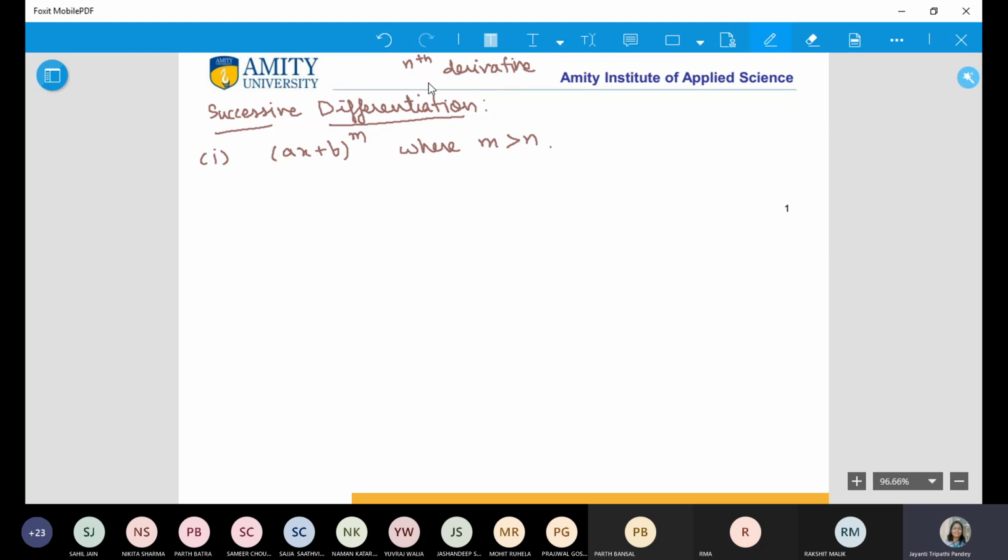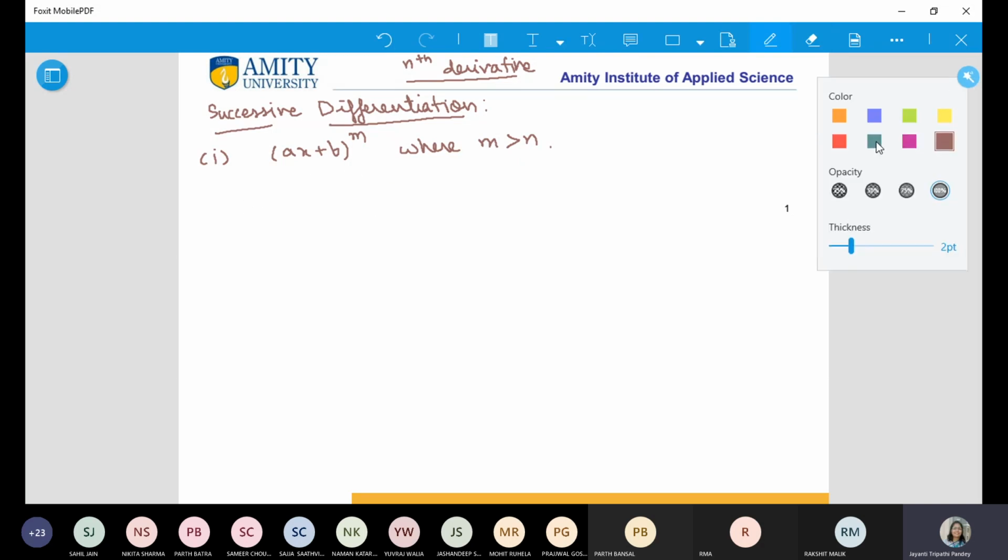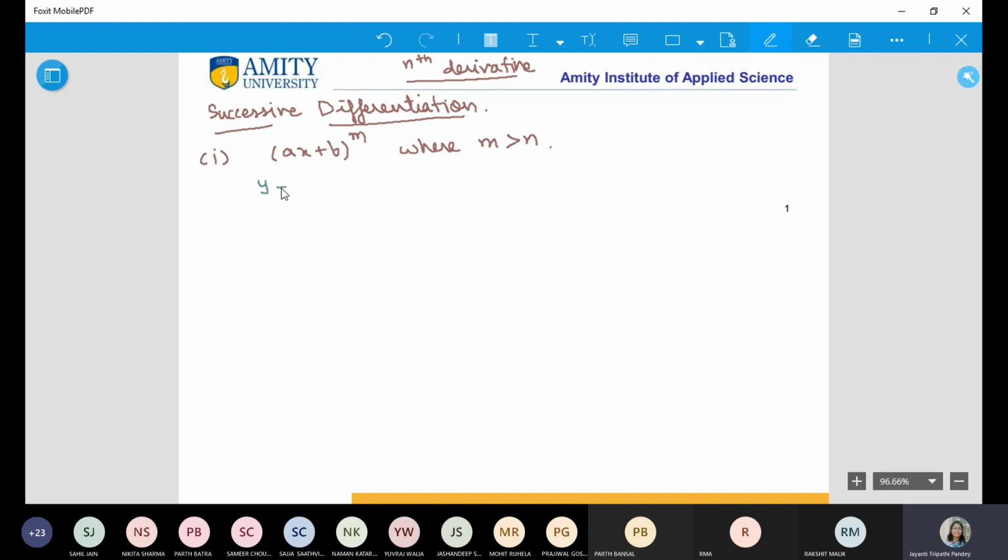In all the questions that we will be taking from now onwards, the aim is to find the nth derivative. Now this is the first function. So what is our y? y is (ax plus b) to the power m, and you need to remember that m is larger than n. Okay. So what is y1?